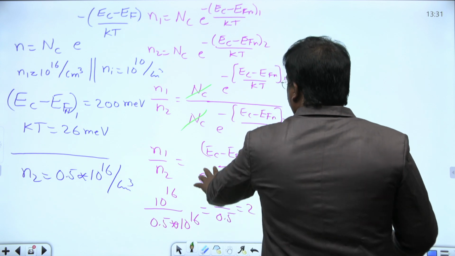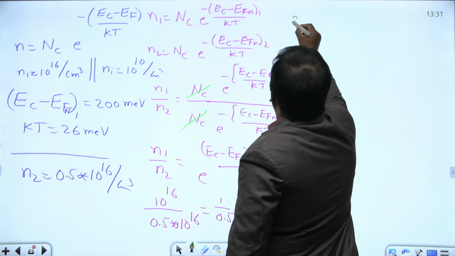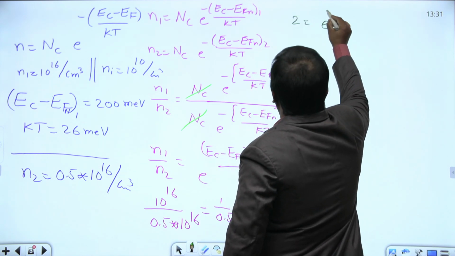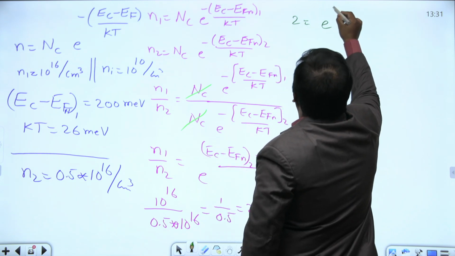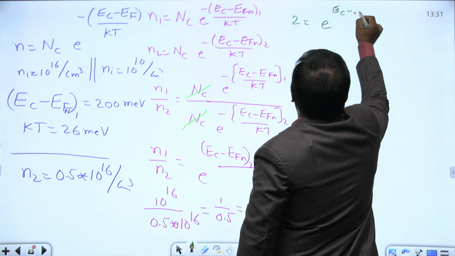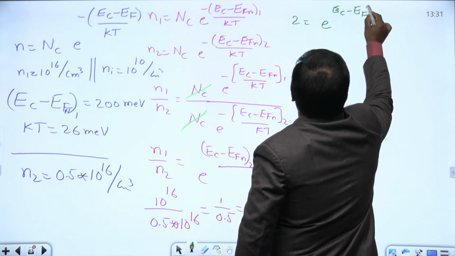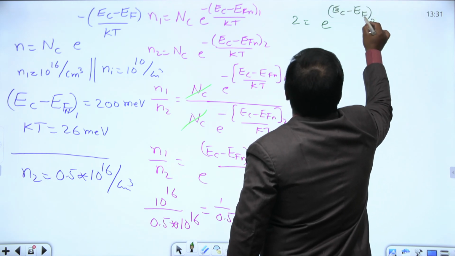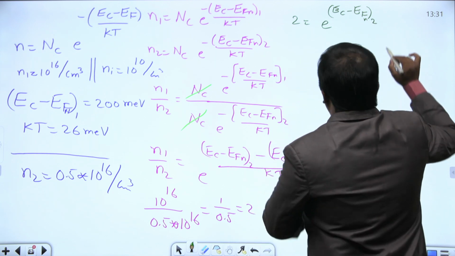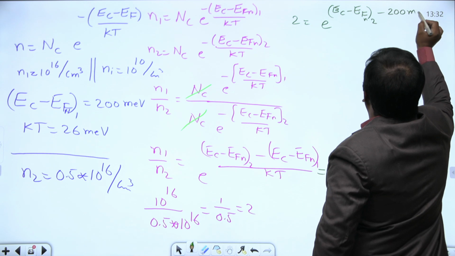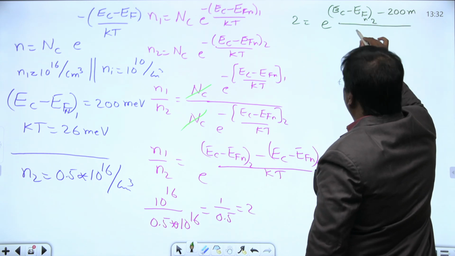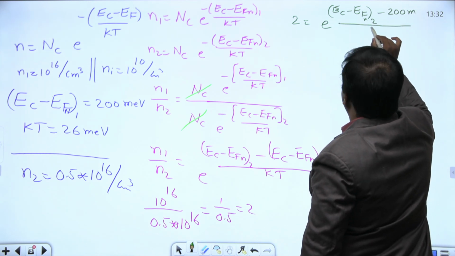Then this expression: 2 equals e power (Ec minus Efn of the second, which we need to find, minus the first case, given as 200 milli) divided by Kt, which is 26 milli.